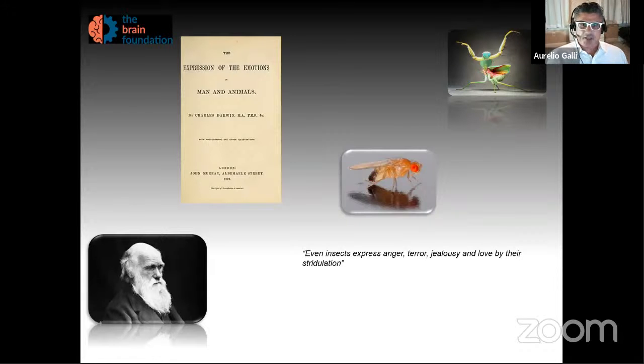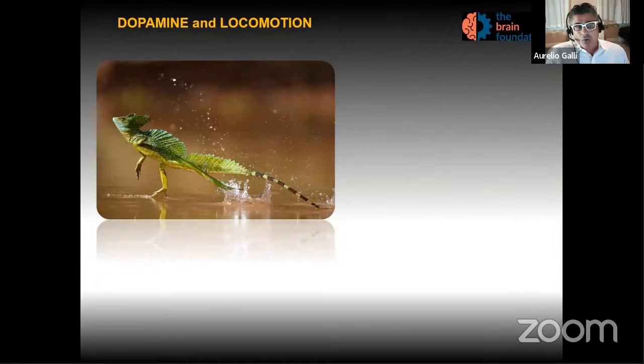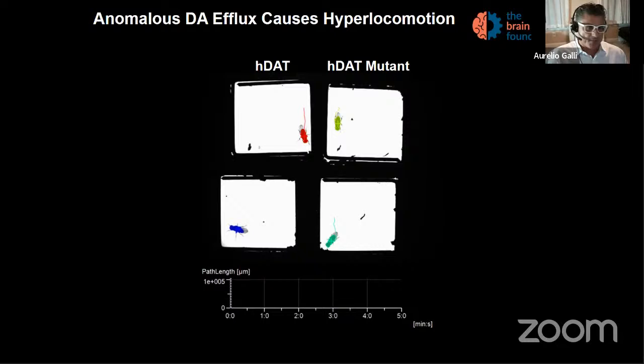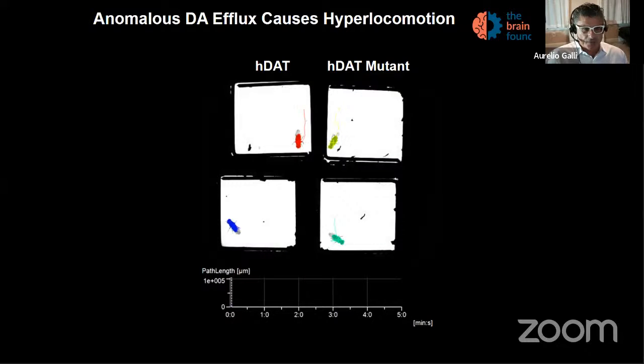And so the first thing that we looked at was how the anomalous dopamine efflux was influencing locomotion, because a lot of patients with ASD are also hyperactive, right? And so I want to show you a movie. This is video tracking of flies expressing either the human DAT or the human DAT that now has been mutated.